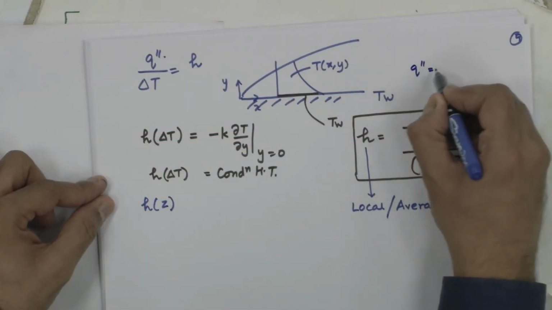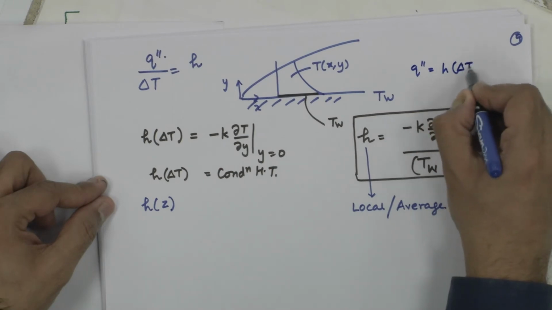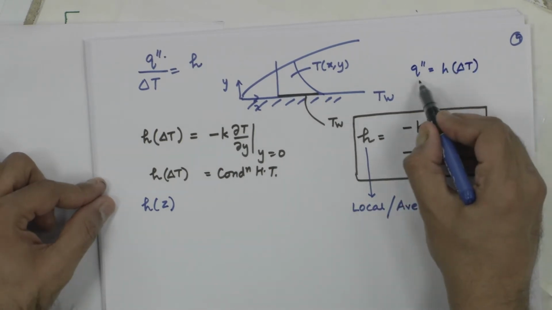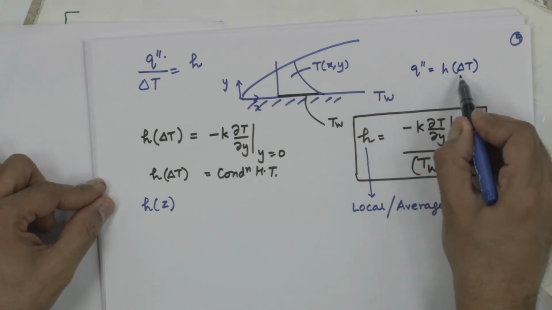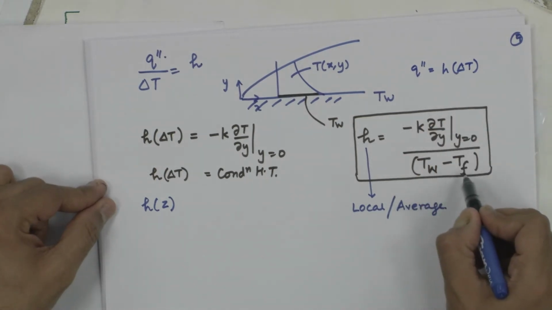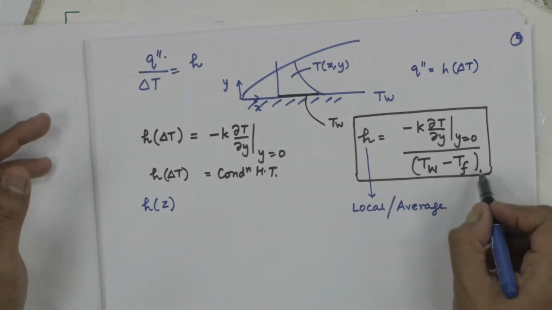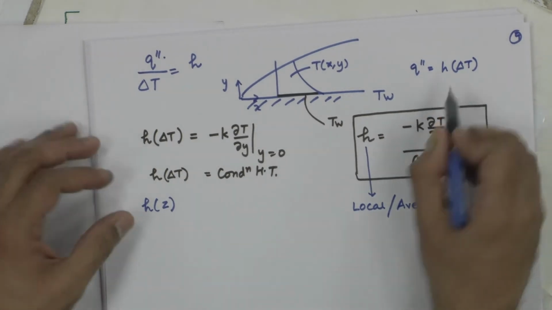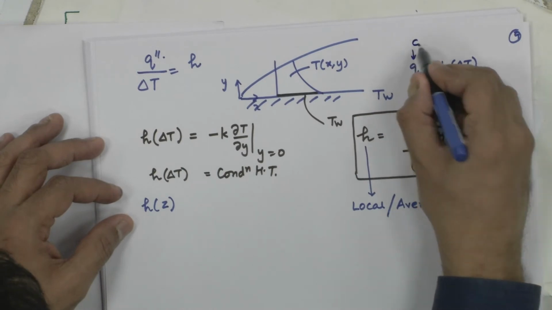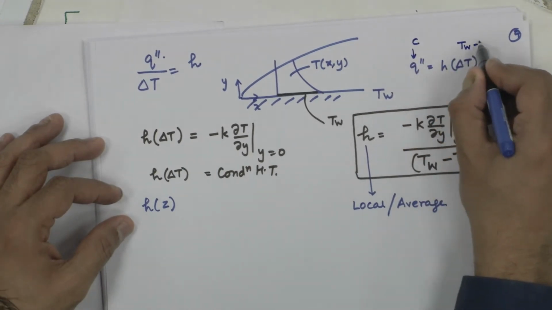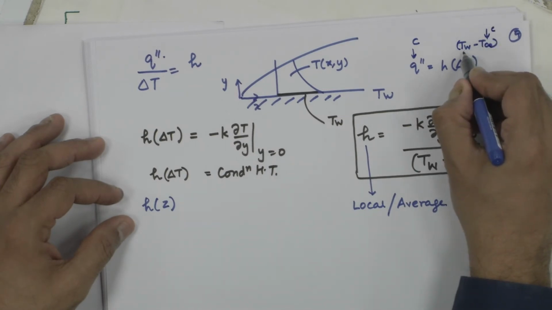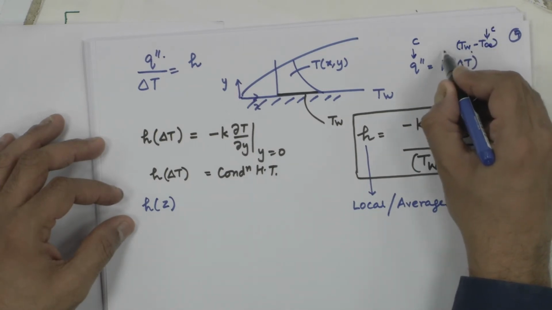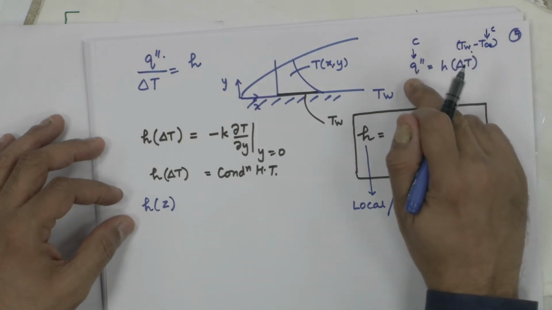So, Q double prime is equal to H delta T. If I am talking of a constant wall heat flux case and I am going on heating the wall, T wall is going on increasing, T infinity is constant, the heat flux is constant, T wall minus T infinity is going on increasing, therefore the heat transfer coefficient is going to reduce to keep the product the same.